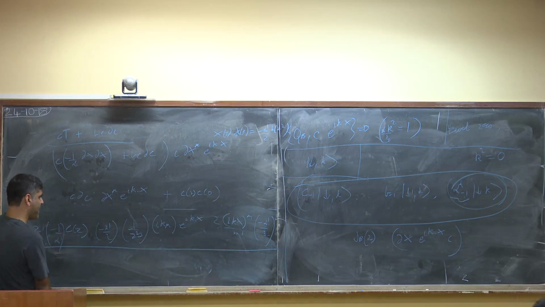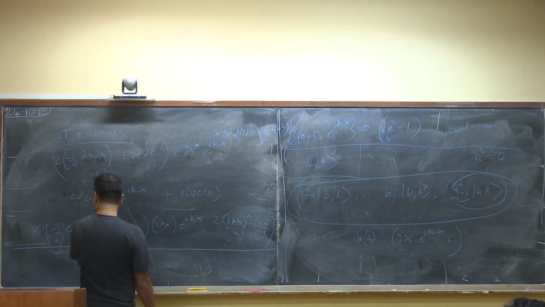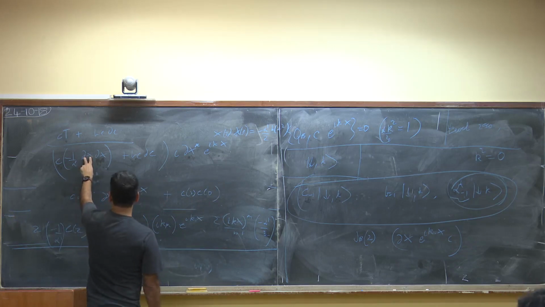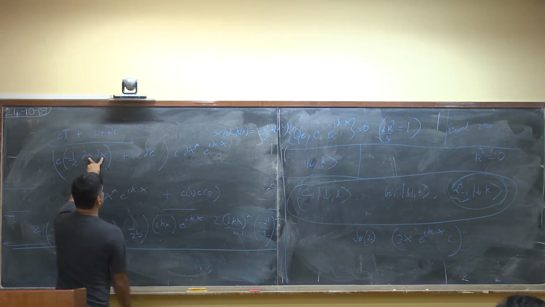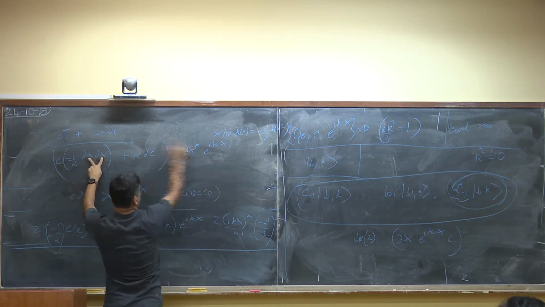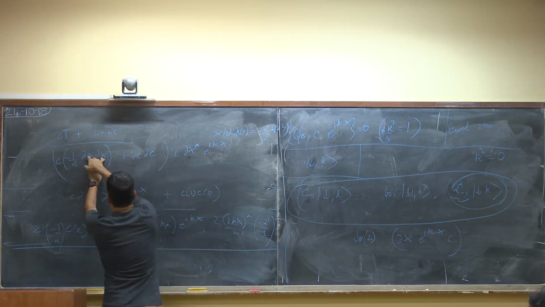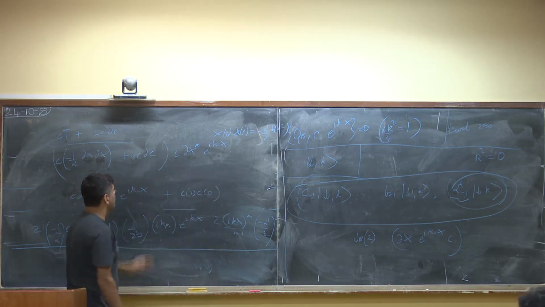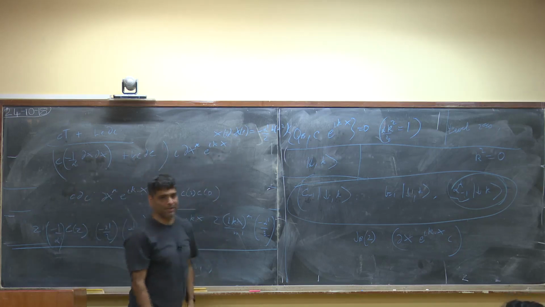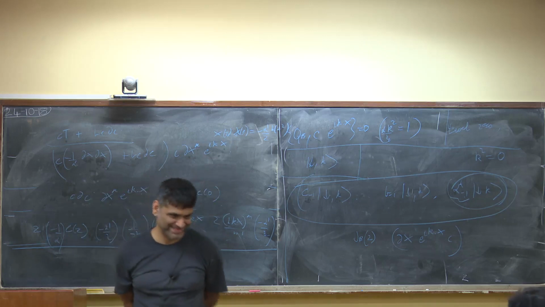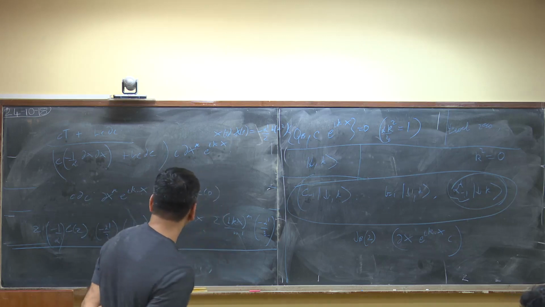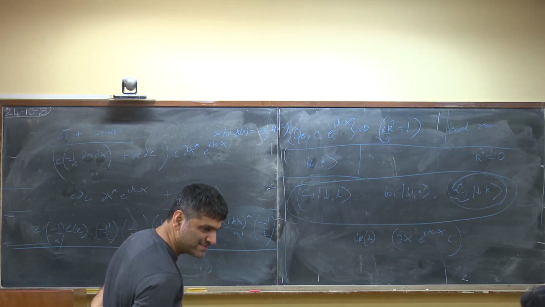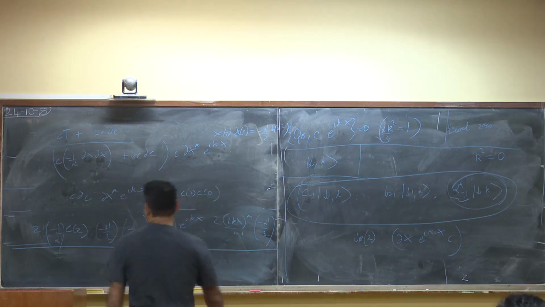Then there was a term where only one of them contracts, where these both contract with this, or these both contract with this. That just gives you the weight of this operator, since this operator has weight, what? Because this is the stress tensor, exactly.